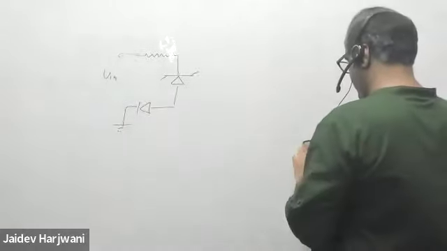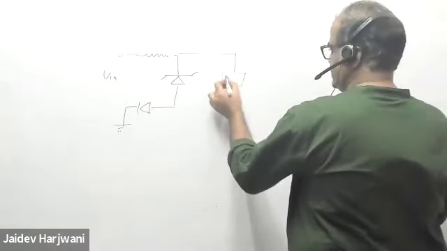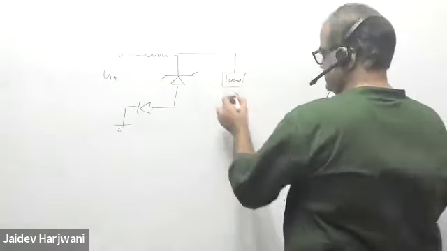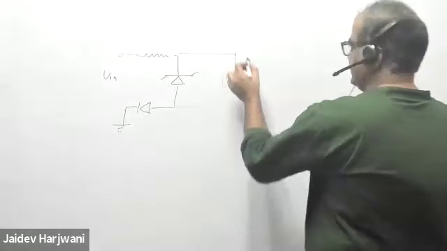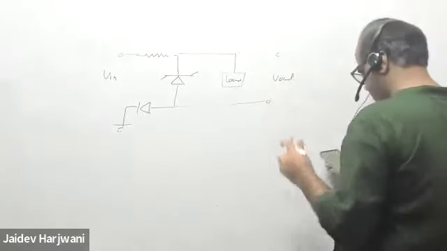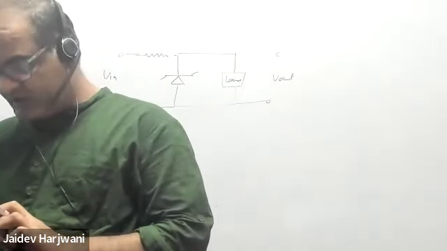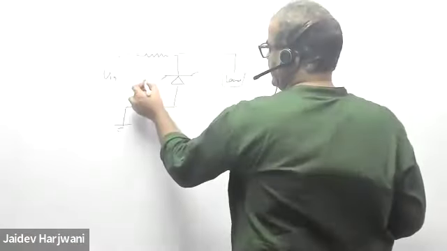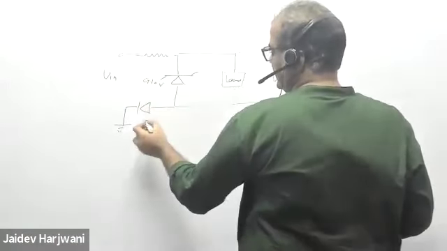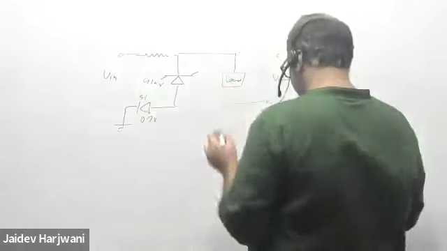Okay, and then you have a load here, and you're taking V output here. So they say the voltage drop across silicon diode, the normal diode, is 0.7 volt and Zener diode is 9.1 volt. For this one you require 9.1 volt, and here you require 0.7 volt. This is a silicon diode and this is a Zener diode.